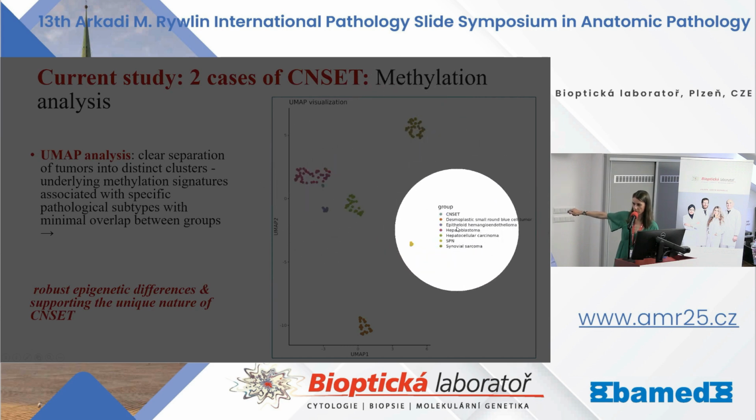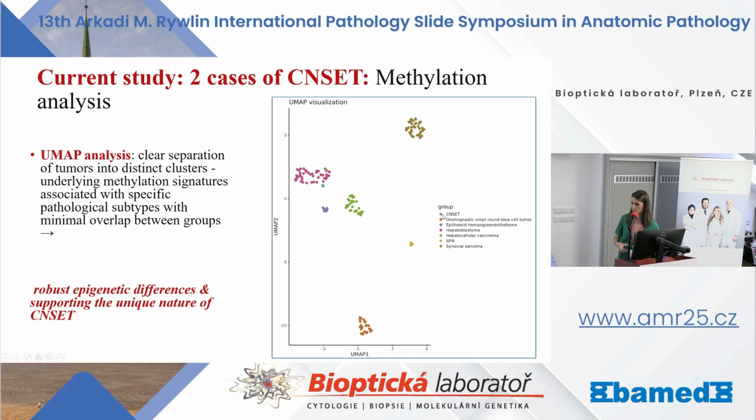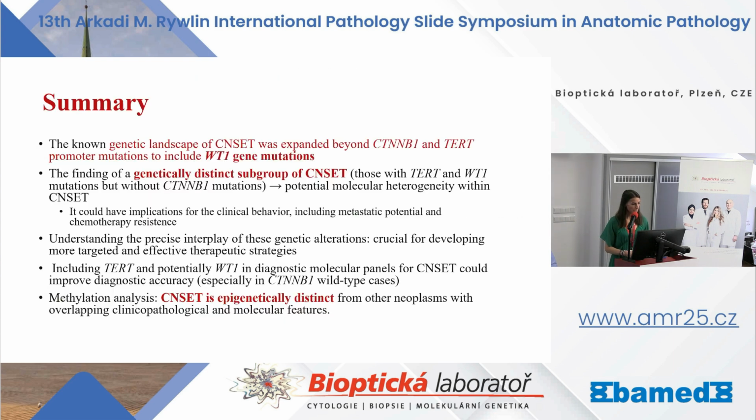The methylation data were downloaded from a widely available online database. The results of methylation analysis showed us that there are robust epigenetic differences in the included entities, which supports the unique nature of calcifying nested stromal epithelial tumor of the liver.